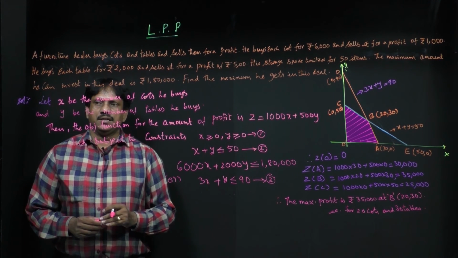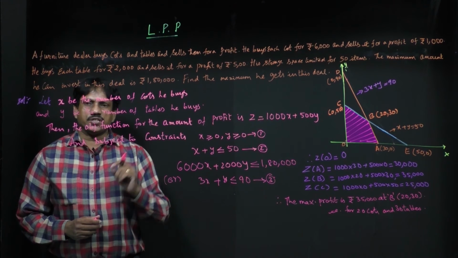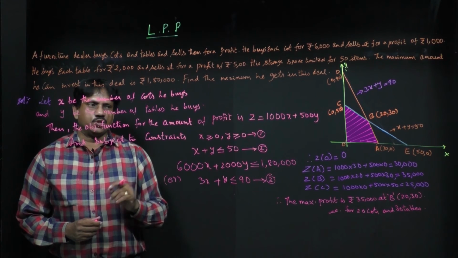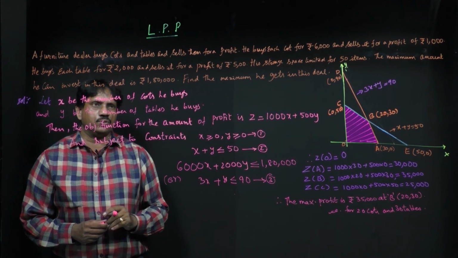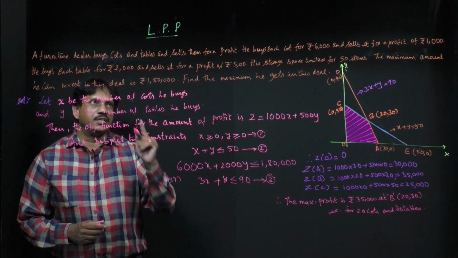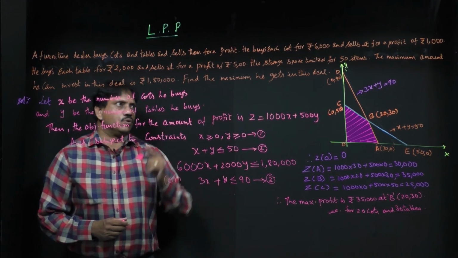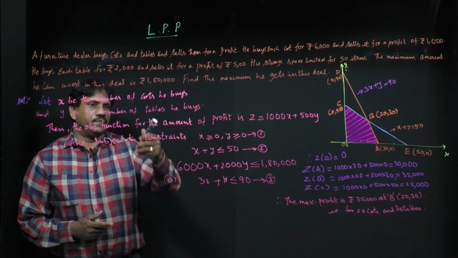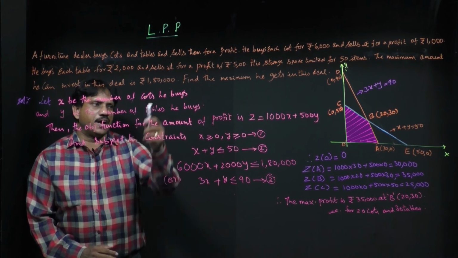So once again, let X be the number of cots he buys and Y be the number of tables he buys. The objective function of the profit is Z equal to 1000 X plus 500 Y, because each cot gets a profit of 1000 rupees and each table a profit of 500 rupees.